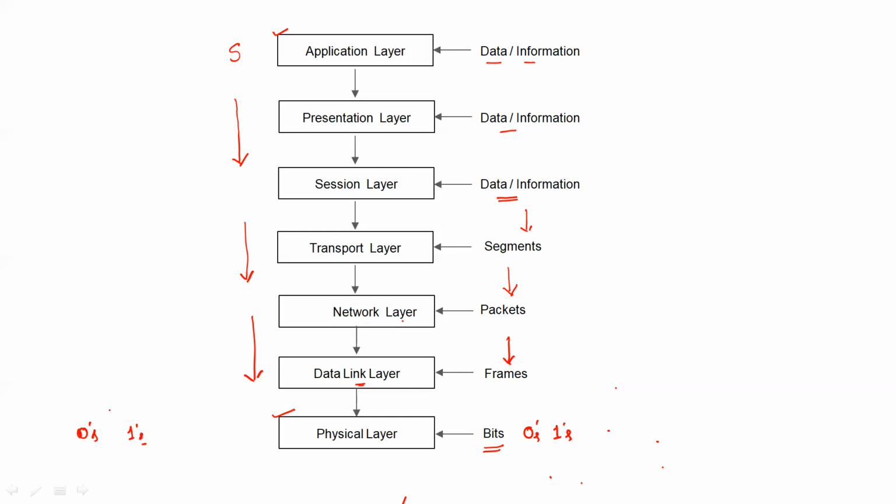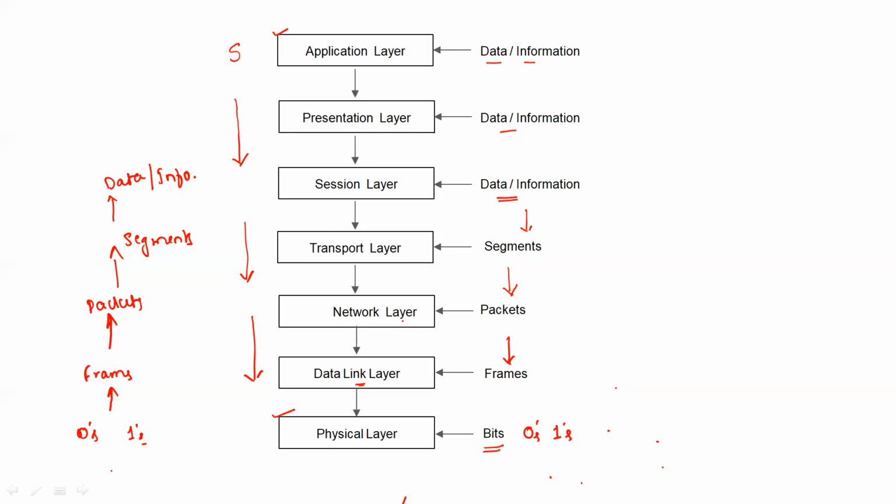Once zeros and ones are received, the frames will be formed at data link layer, and at network layer packets will be formed, and at transport layer segments will be formed, and then from session layer it will be converted into data or info, right? Hope you got my point.